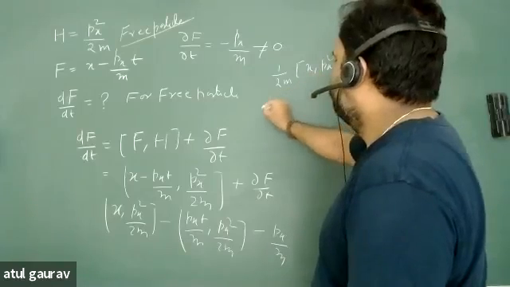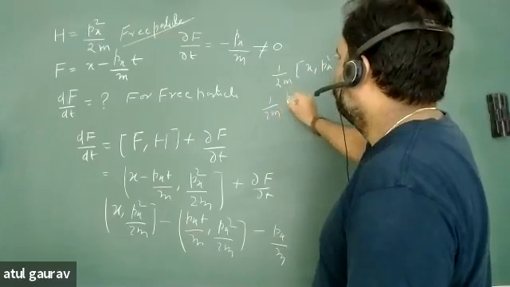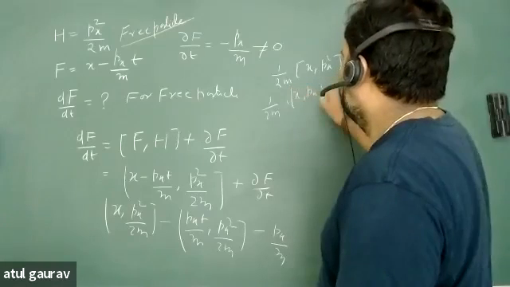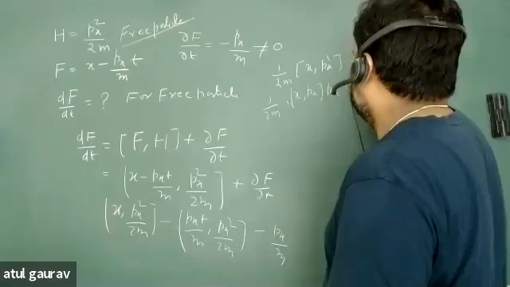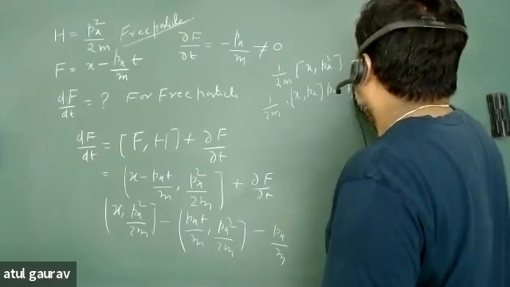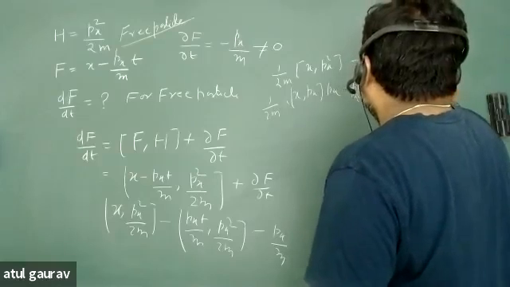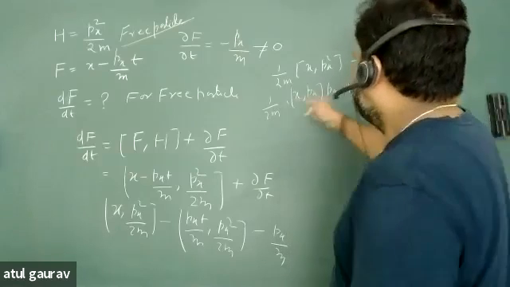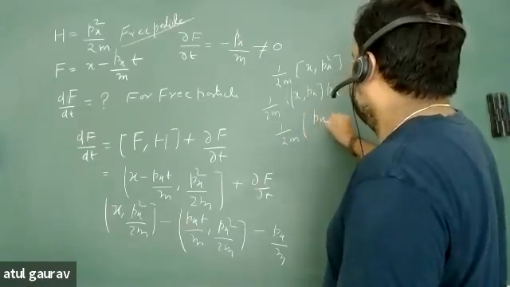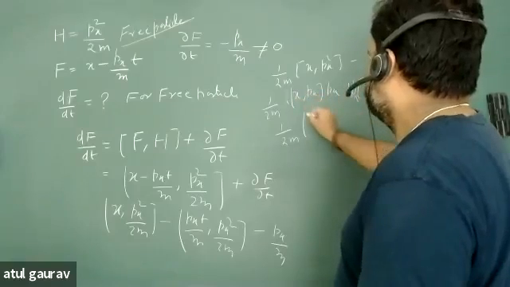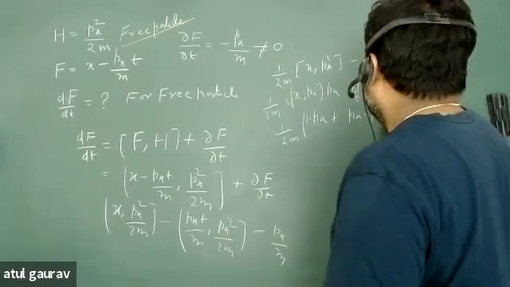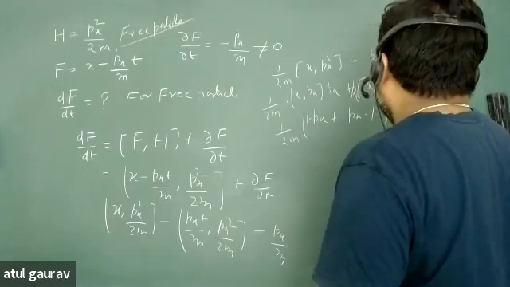And now this will be 1/2m. We have {x, px·px}. I can take px out, again we have {x, px}, and I can take px, minus px/m. {x, px} is 1, so 1 into px plus px into 1, and we have minus px/m.